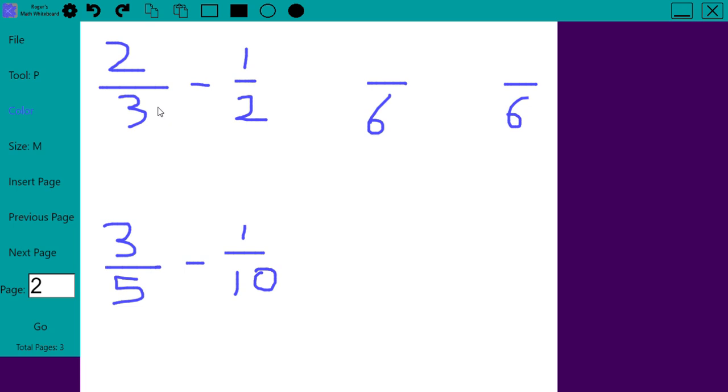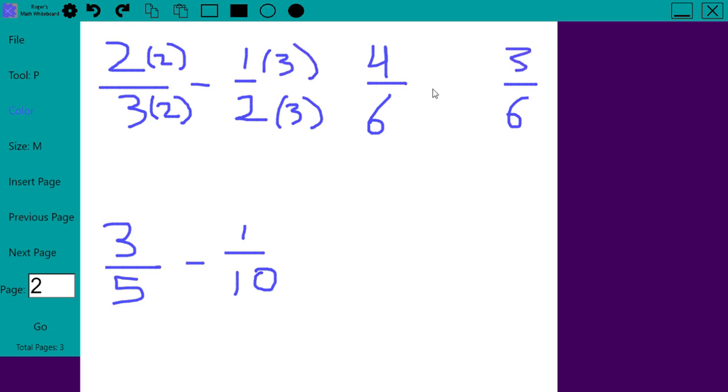I multiplied 3 by 2 to get to 6, so I'm going to do the same thing to the top number. 2 times 2 is 4. And then I multiplied 2 by 3 to get to 6, so I'm going to do the same thing to the top number. So 1 times 3 is 3. So 4 minus 3 gives me 1, and my answer is 1/6.